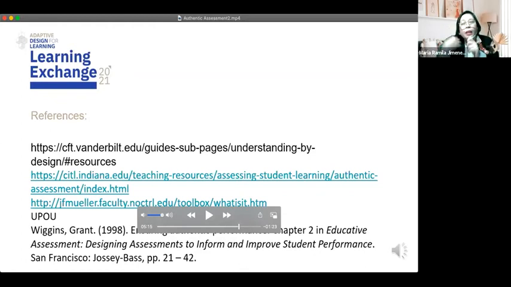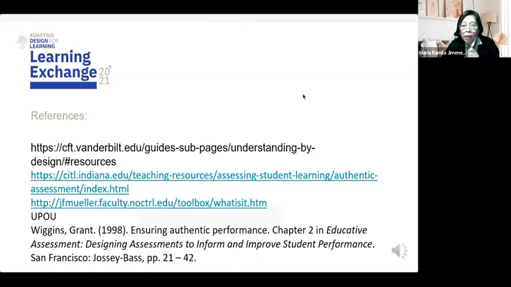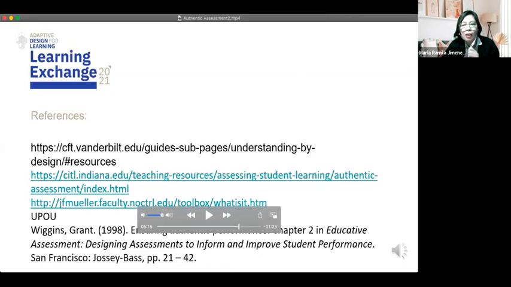Okay. Typical tests. Now that I know about authentic assessments, I don't. I try not to give typical tests to my students, because I now know the principles on how to give authentic assessment. So yeah, I think I will not go back to the old way, because I now know how to give authentic assessment.